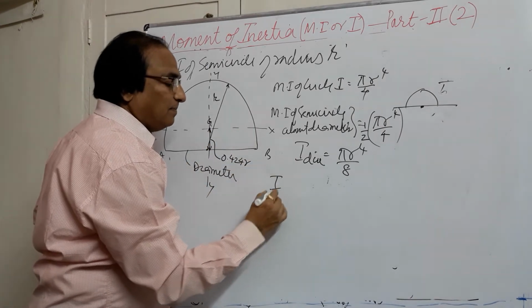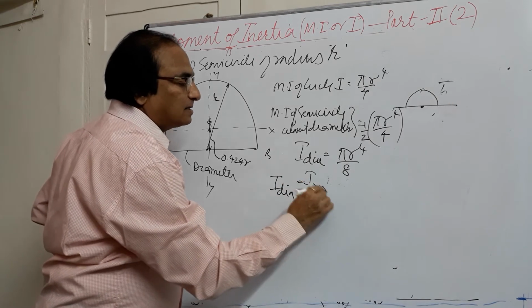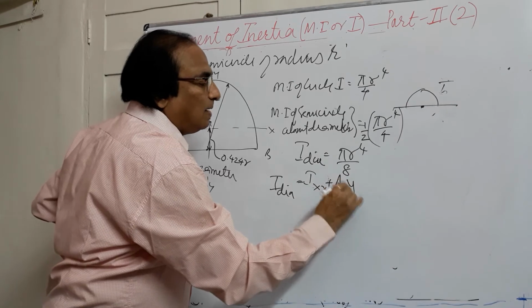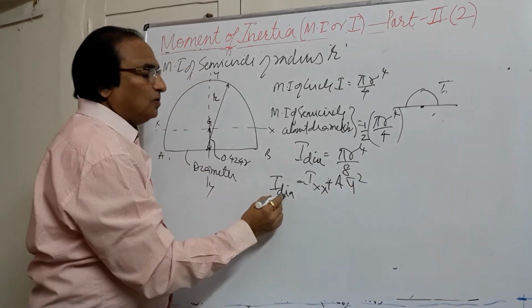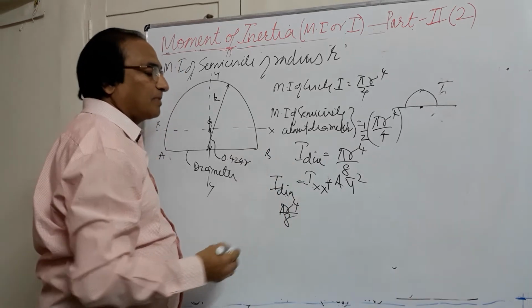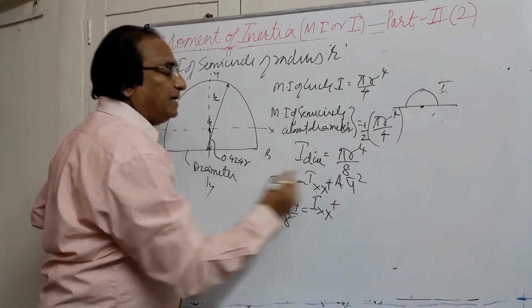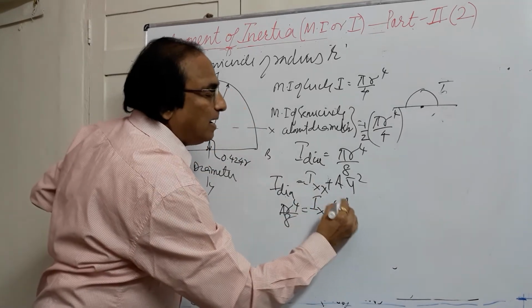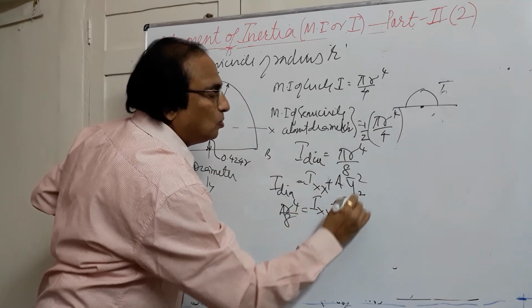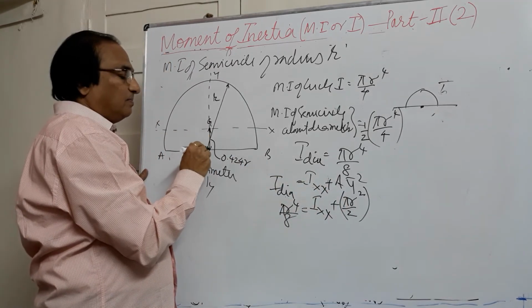If I use the parallel axis theorem, I dia is equal to Ixx plus A y bar square. So we know I dia, which is equal to pi r raised to 4 by 8, is equal to Ixx, which we are interested in, plus the area of the semicircle, pi r square divided by 2, times y bar square, where y bar is the distance of the centroid of the figure from the diameter.